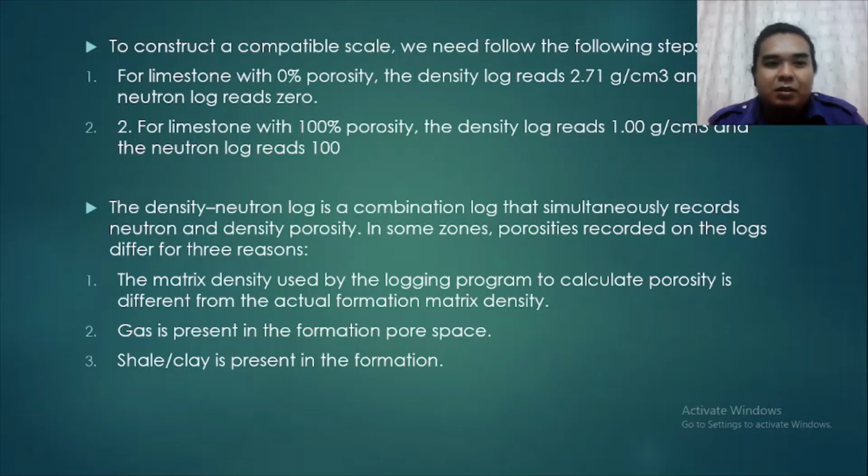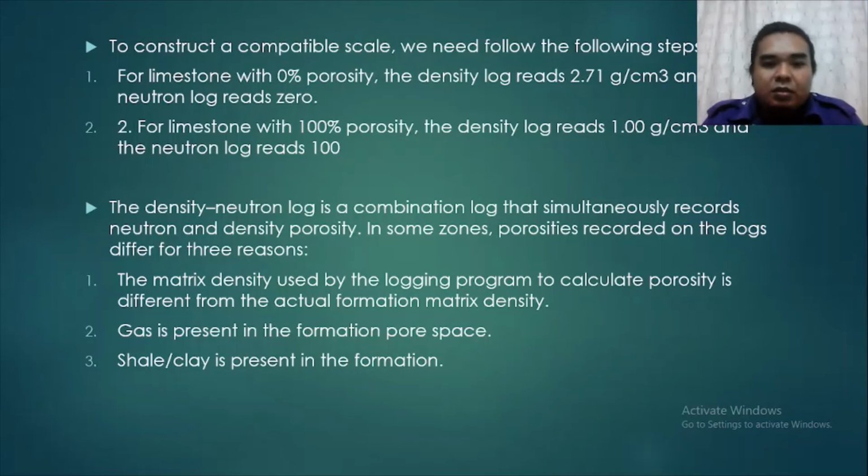For the first step, limestone will be 0% porosity with the density log at a constant of 2.71 gram per cubic centimeter, and the neutron log reaches 0. And the second step is for limestone with 100% porosity, where the density log reaches 1 gram per cubic centimeter, and the neutron log reaches 100.